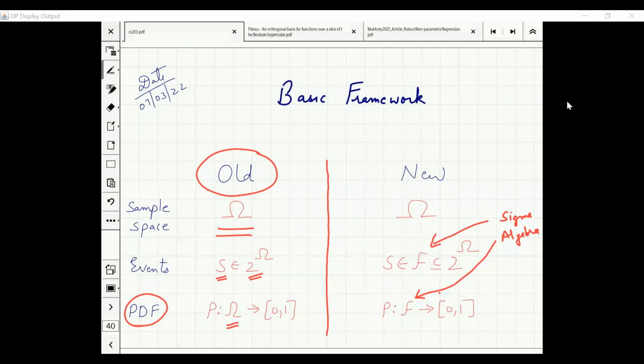This was the simple thing, but then we saw that it was not able to capture all the random experiments we wanted. Specifically, when we had continuous cases, we had infinite samples. Some of the infinite examples can be taken care of by the old framework, but clearly when we talked about picking a random number between 0 and 1, our old framework was not able to take care of that situation.